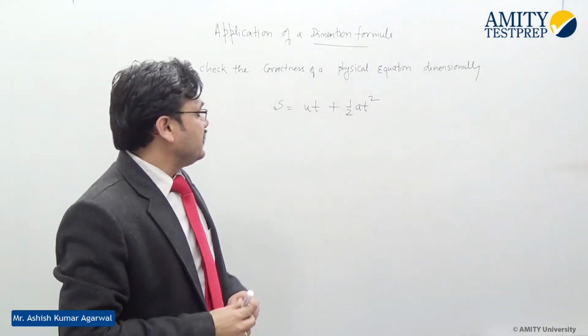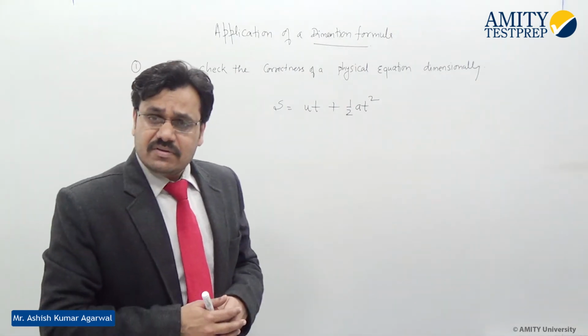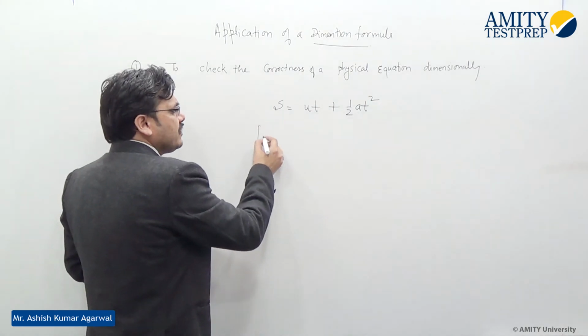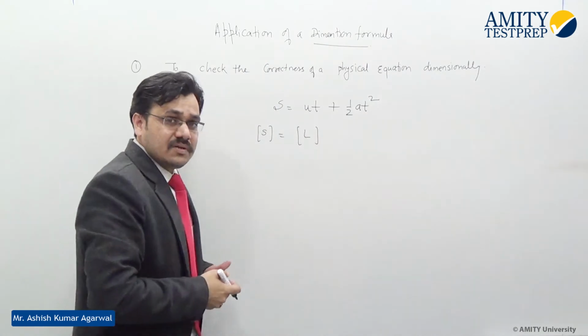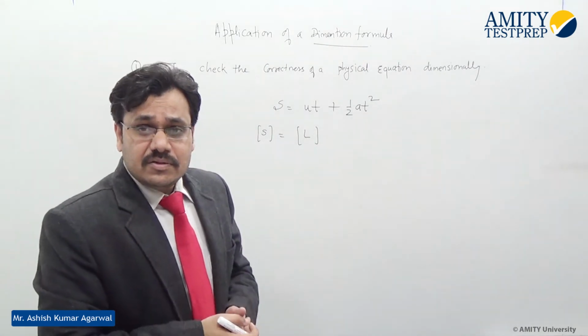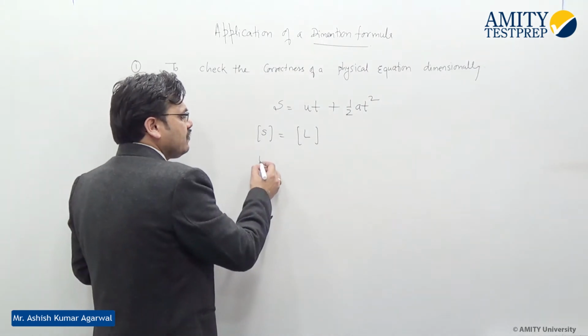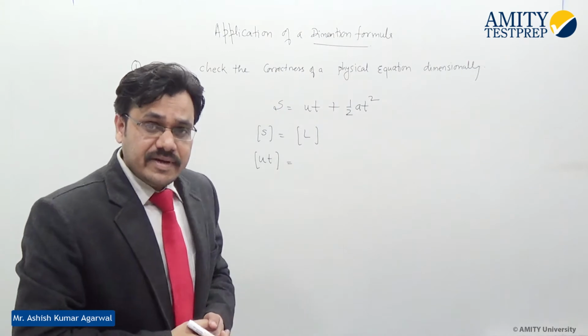First of all, you can see on the left side it is written as S. S stands for distance here. So if I find the dimension of S, I can write L. Left hand side should have the dimension of L. What about the dimension of ut? U stands for velocity, t for time.